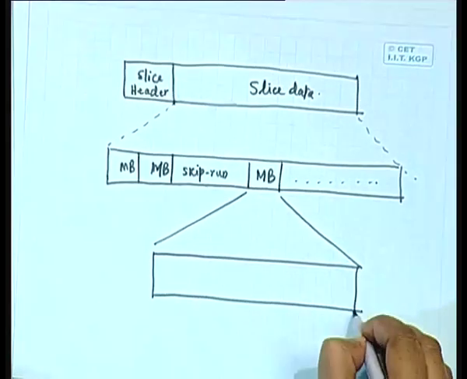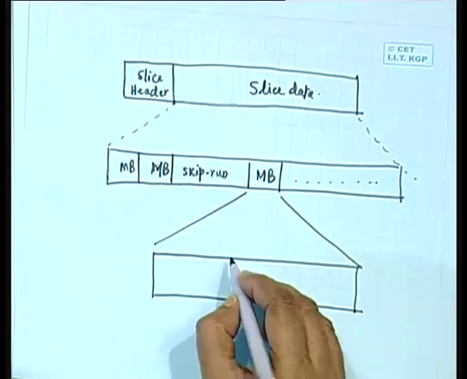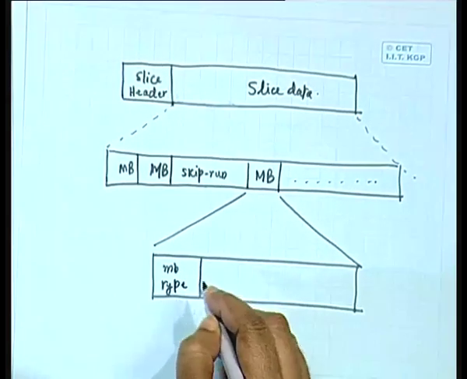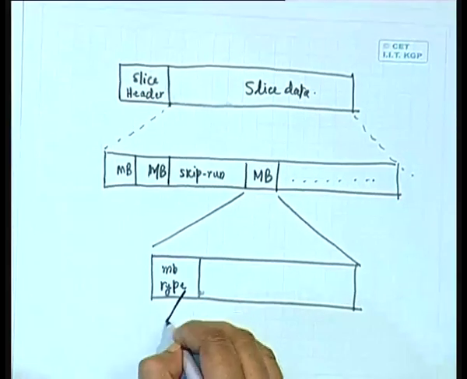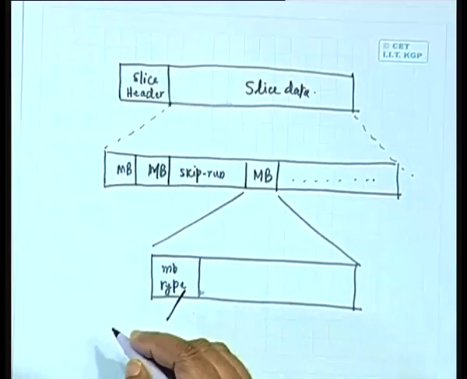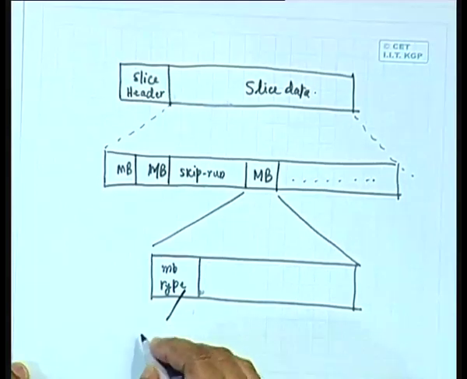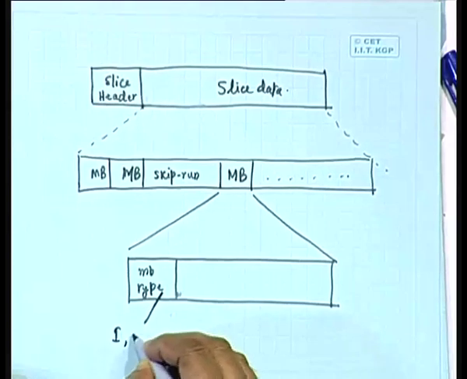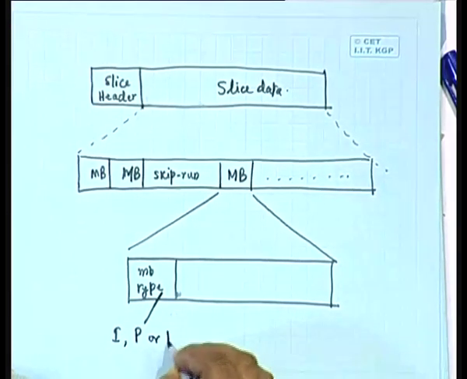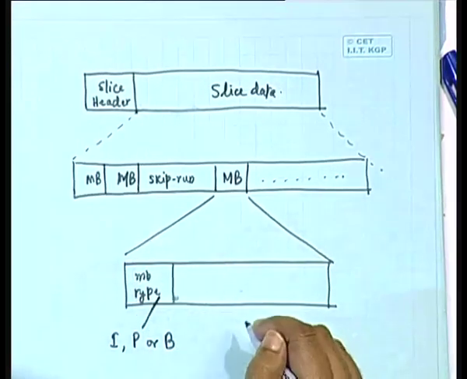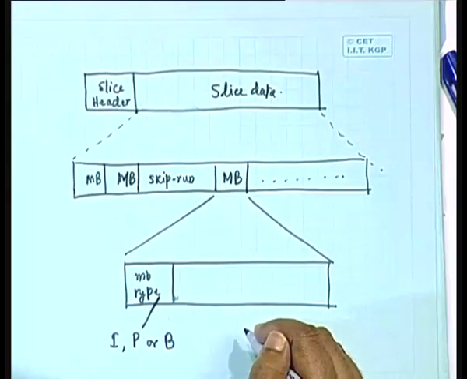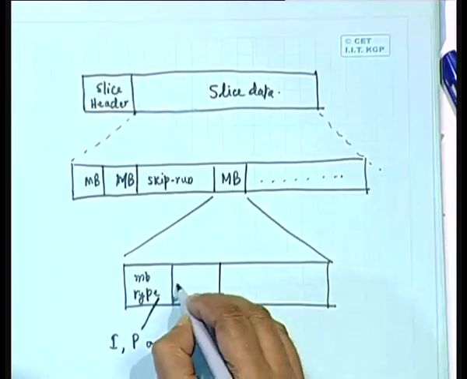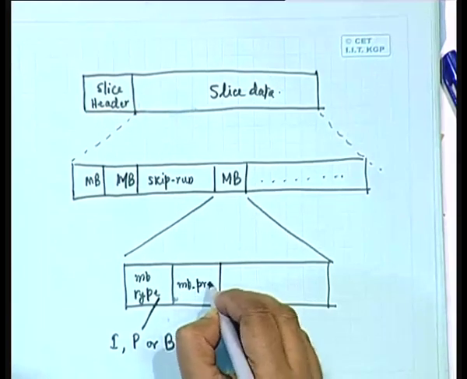First of all, you have to specify the macro block type, so I write here MB type. This field indicates whether the macro block is coded in intra or inter, and in inter it could be P or B. So, whether it is an I, P or B macro block will be written in the MB type information. Then it also has a field for the macro block prediction mode.